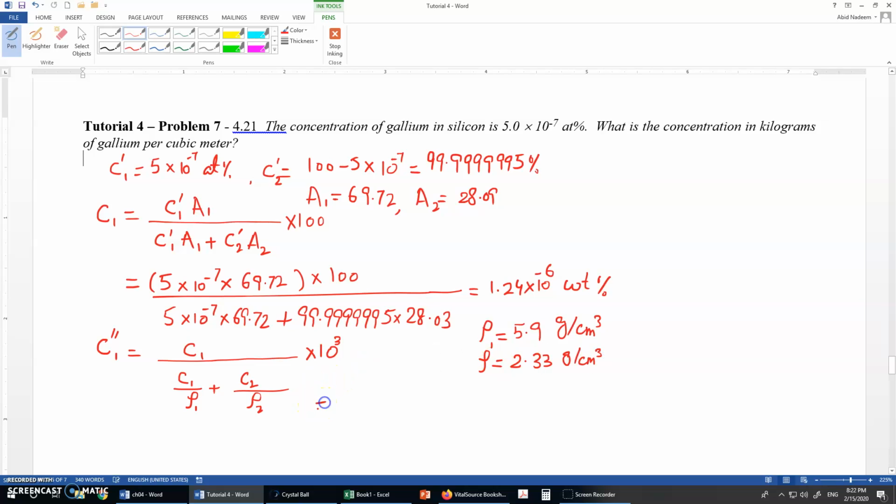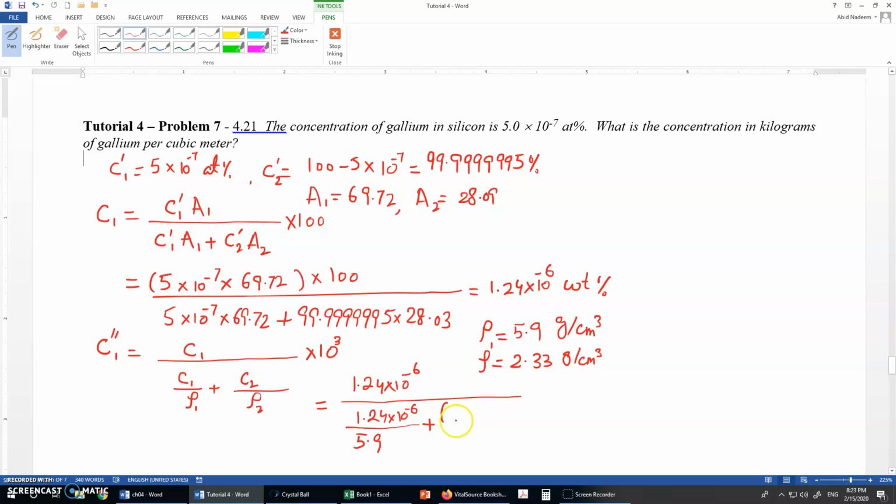So input the values. C1 we have already found, which is 1.24 × 10^-6 by weight percentage, divided by C1, 1.24 × 10^-6, divided by 5.9, plus C2, which is equal to 1 minus C1.